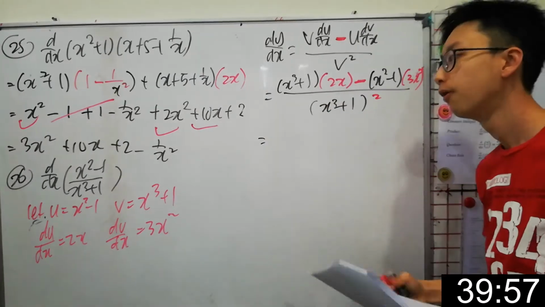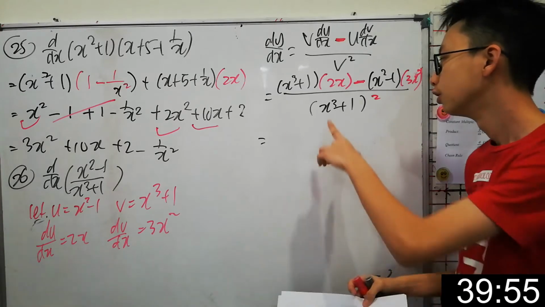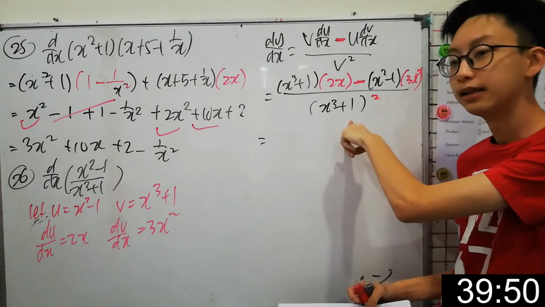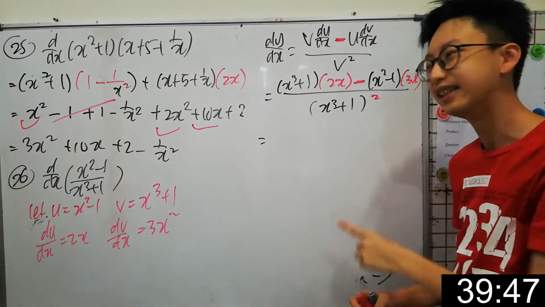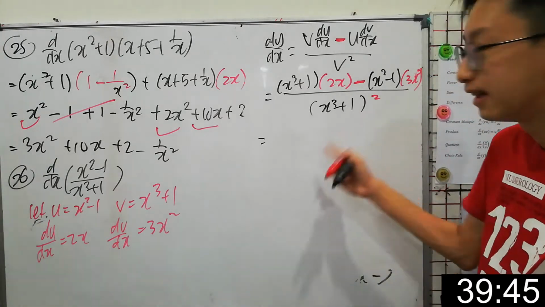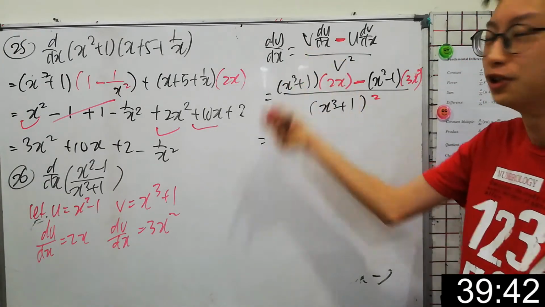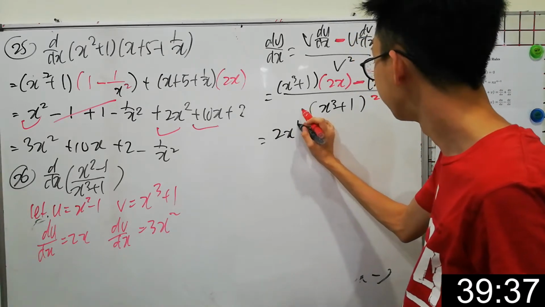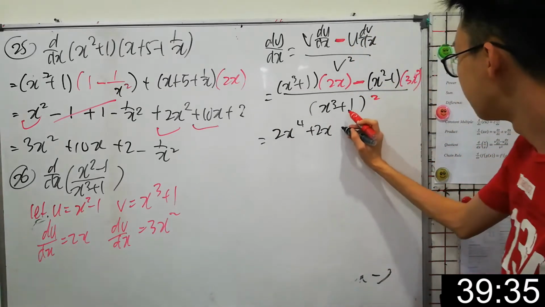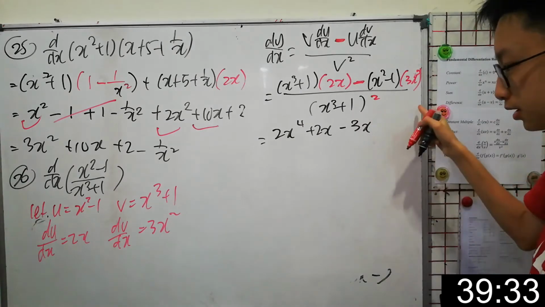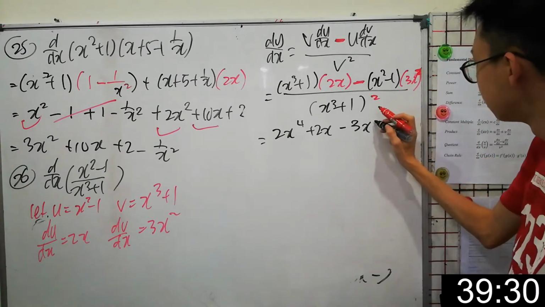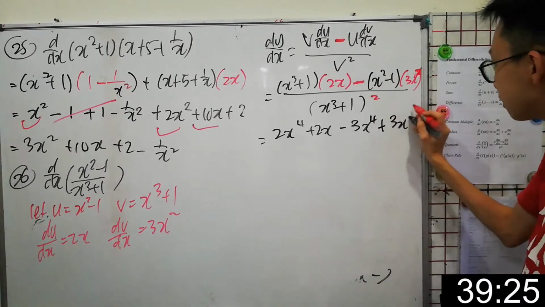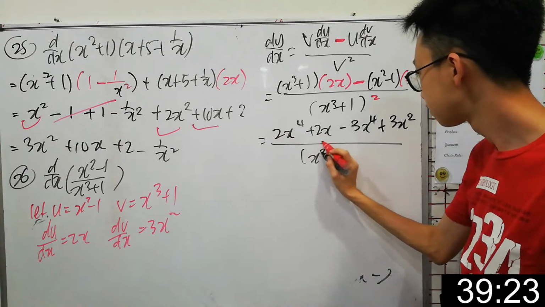Okay, so for quotient rule, usually we don't expand the terms at the denominator. Yeah, at the denominator. Okay, unless you want to cancel out with some of the terms on the numerator. Okay, so we just expand this, so it is 2x to the 4th power plus 2x, then minus 3x to the 4th power, minus becomes a plus 3x squared, over x cubed plus 1 squared.